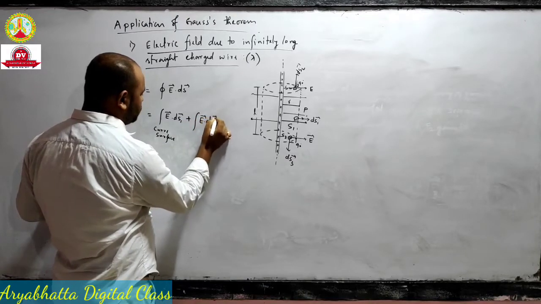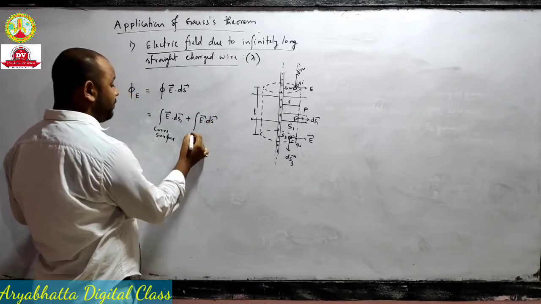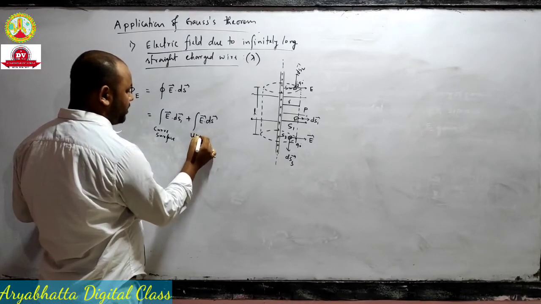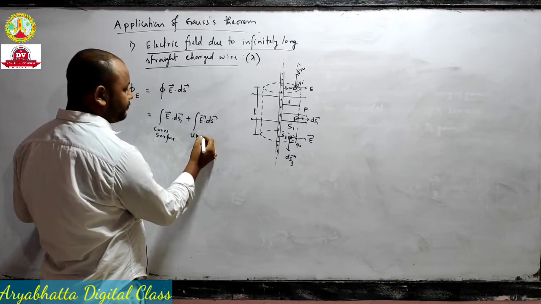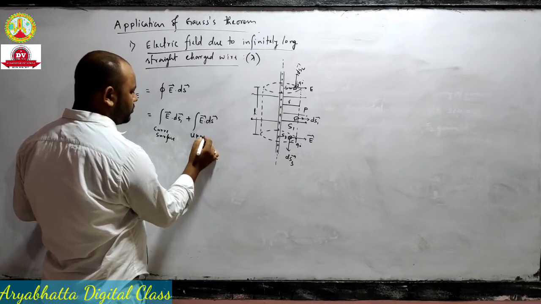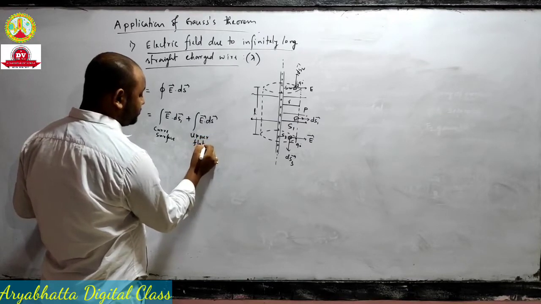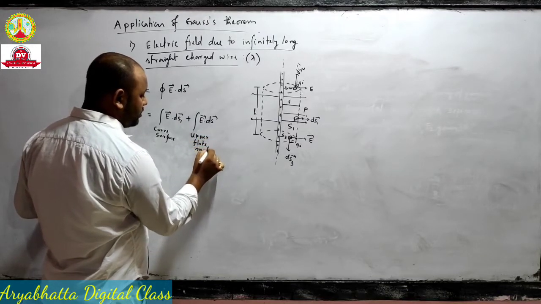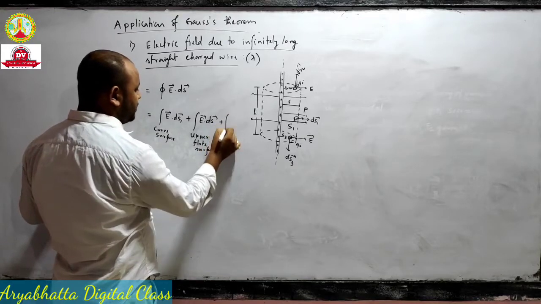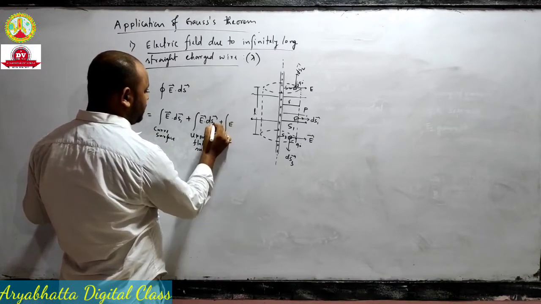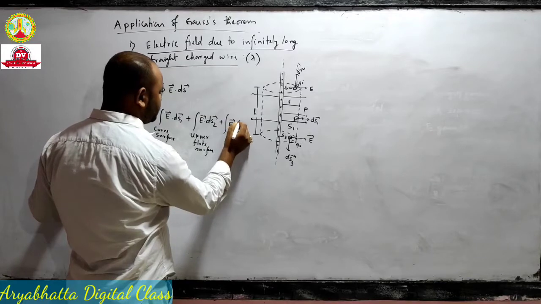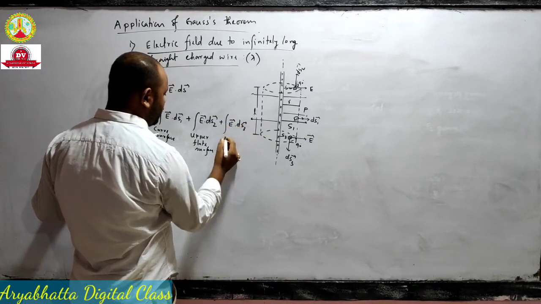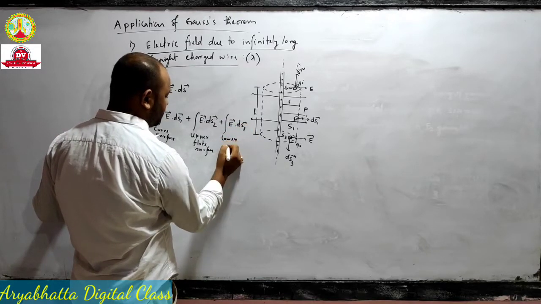Then integration E dot ds2, suppose this is for the upper flat surface, plus integration E dot ds3 is for the lower flat surface.